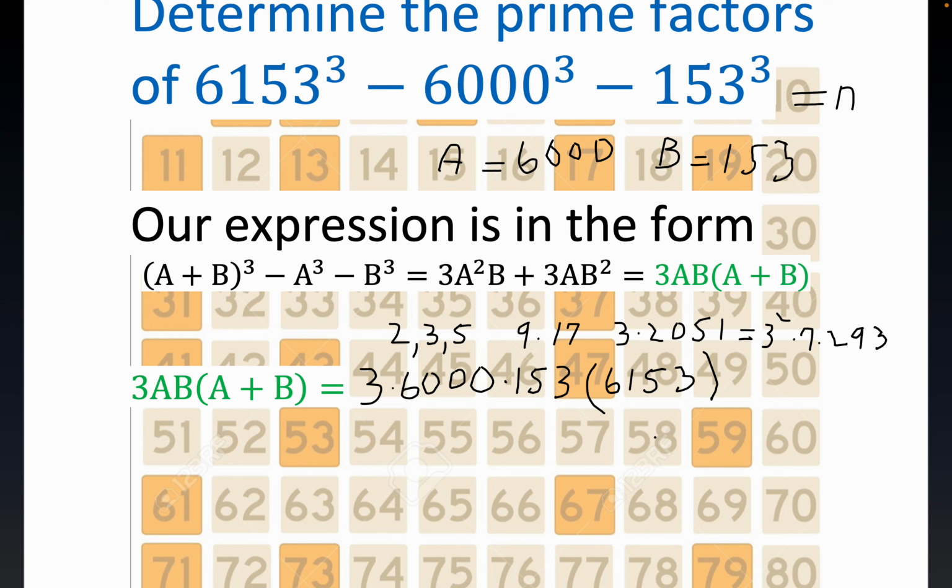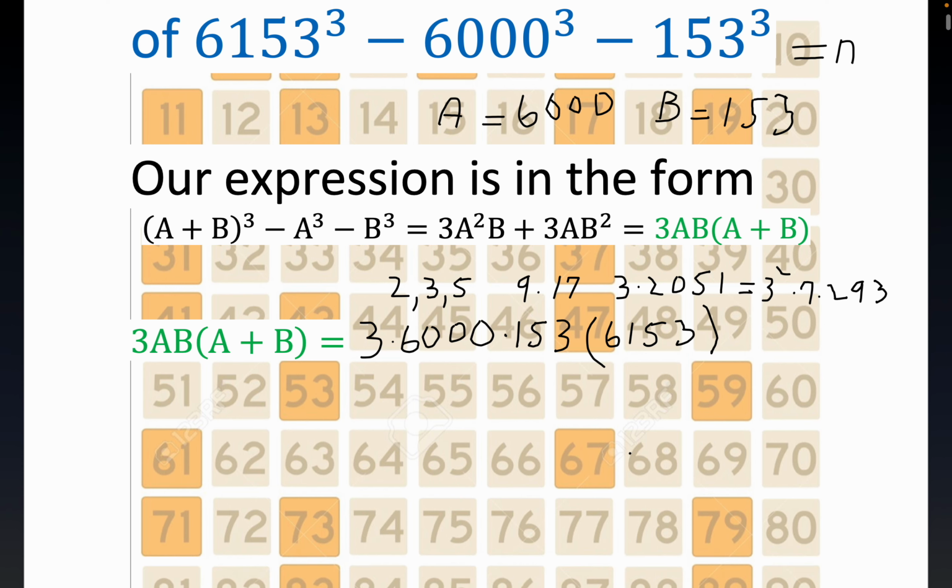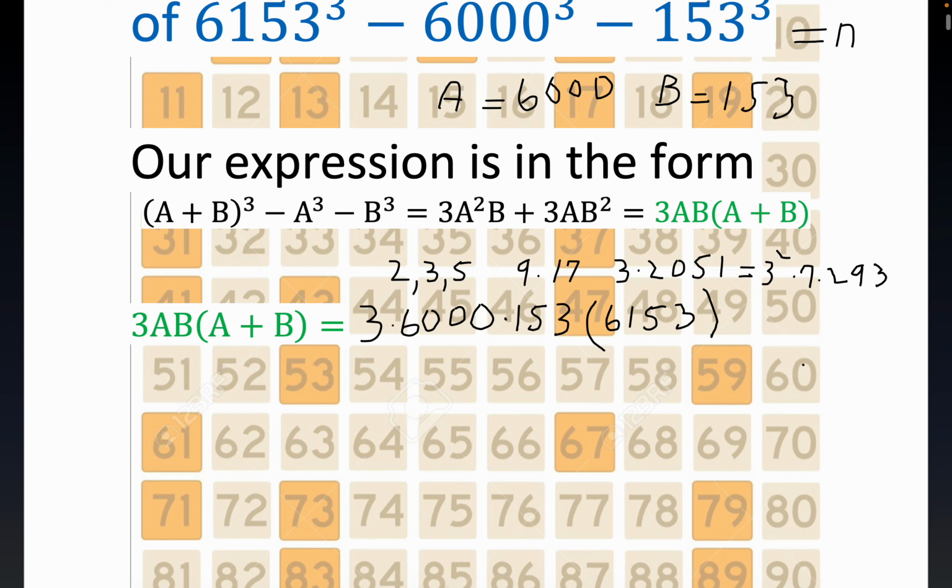Now, y'all, again, I'll try to show you the work. I'm just writing the answer right now, but I want to show you how you would handle this if you didn't happen to know that 293 is a prime factor of this. Notice the 3 squared that we have right here. It comes from the 3, and then this guy right here is just 3 times 7 times 293. And you're not too impressed because, look, how do you know?